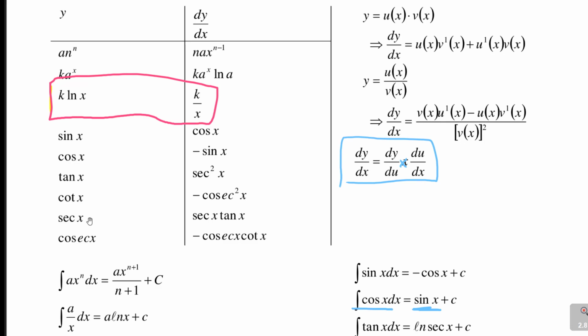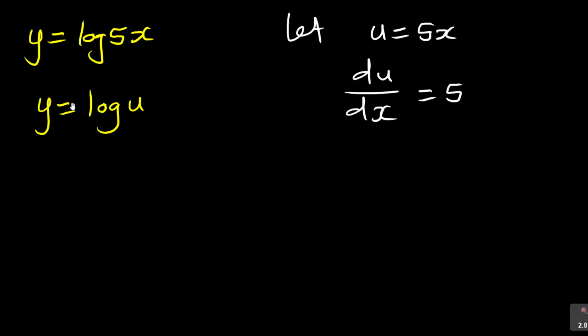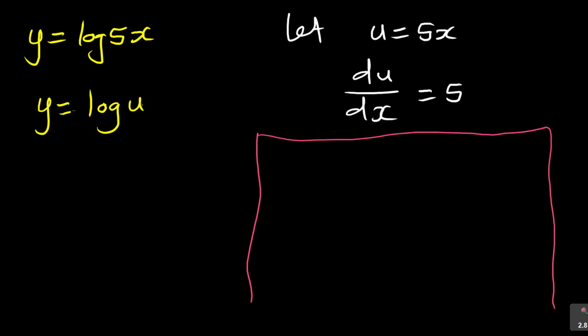So can I convert this into ln? I feel like I want to convert this into ln first. Let me open a window here just to show you. I want to convert log u. To find dy over du is fine, you can differentiate straight away. But let me convert to ln so that I can use the formula. If I say log u, remember this is in base 10, so I'm going to convert it to base e.